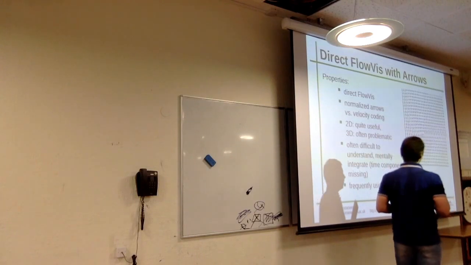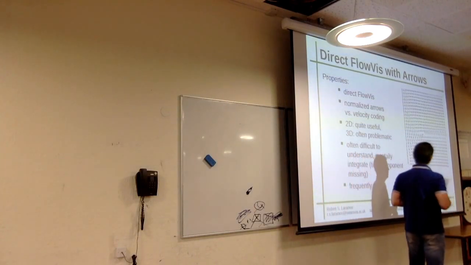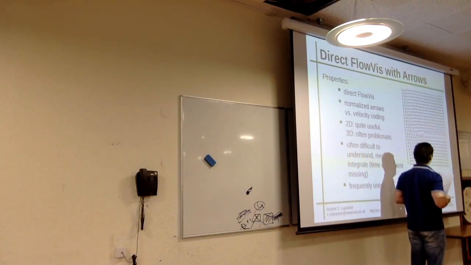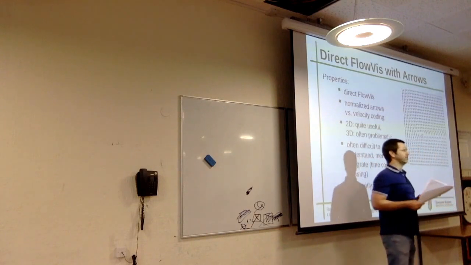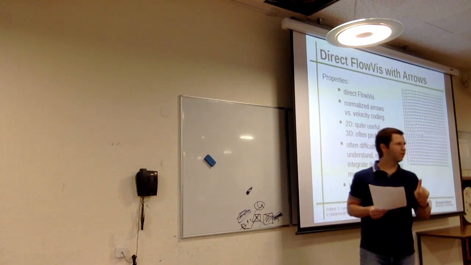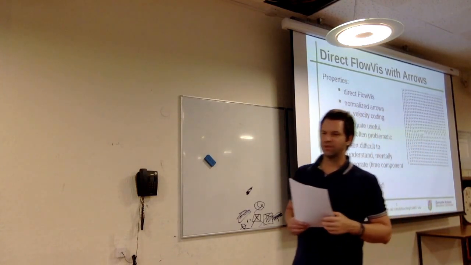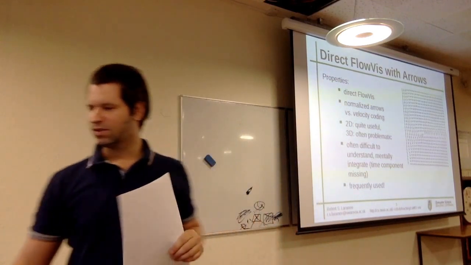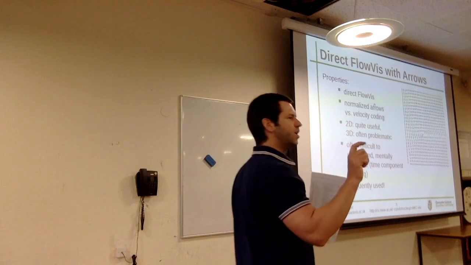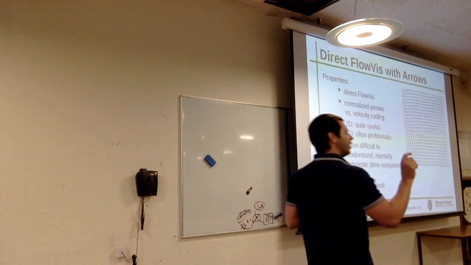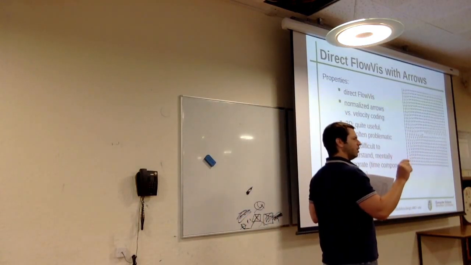Another thing that's sort of missing or could be improved is that all the arrows are the same length. Right, so it makes it look like the flow is uniform. That's what this phrase normalized means, normalized arrows. It means they're all the same length. They've all been resized or scaled to be of unit length.